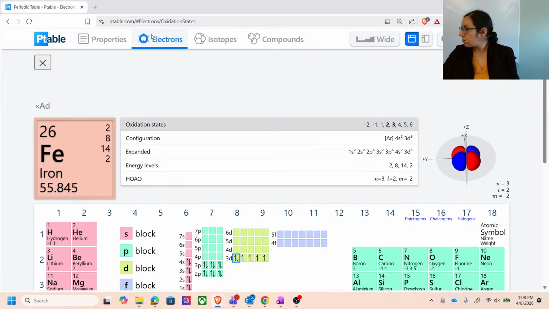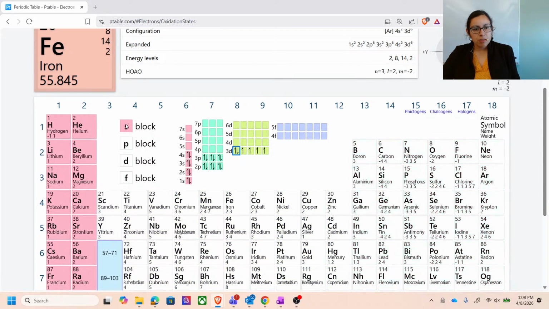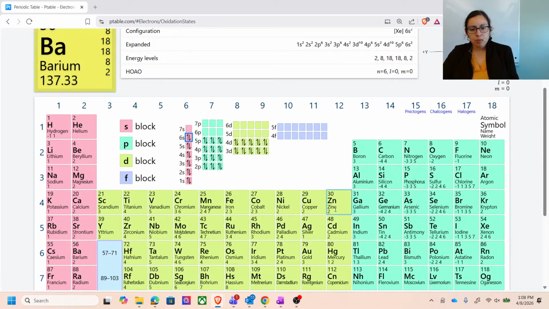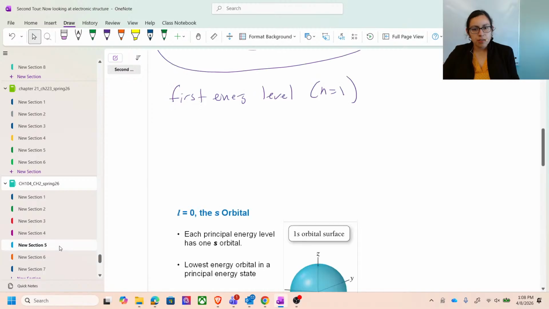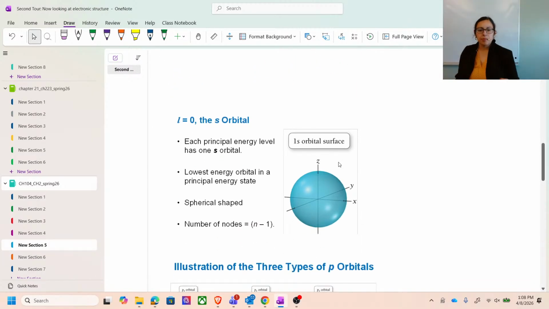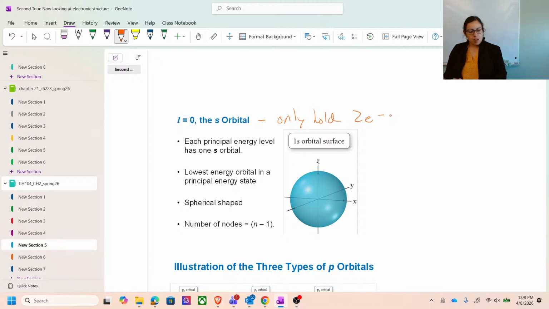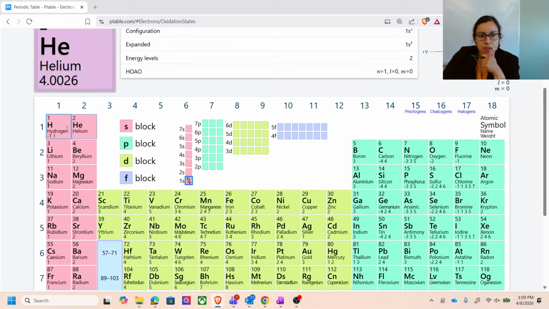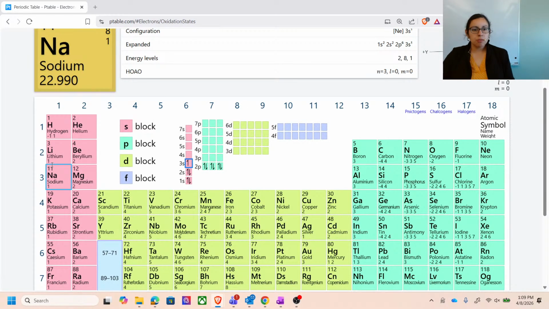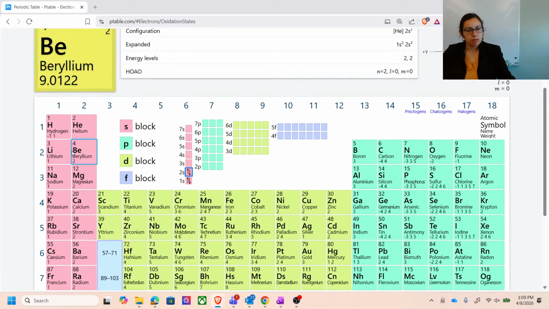If you go to this electron configuration, there's your S block. We're just saying that our s orbital looks like a sphere. The other important thing about our s orbital is that it can only hold 2 electrons. That's implied by our little block. If we go back to our block here, we see it's only 2 wide, and that corresponds to the 2 electrons that fill in there.